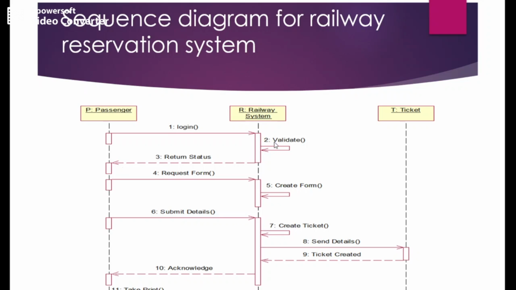Clear? So first the Railway System will validate the login details of the passenger. We'll see whether it is a correct, authorized user or not. Then it will return the status, which means it will tell which railway trains are available on the particular dates.